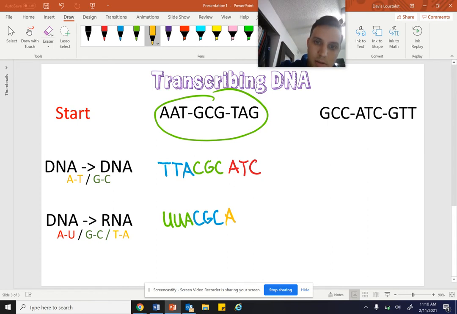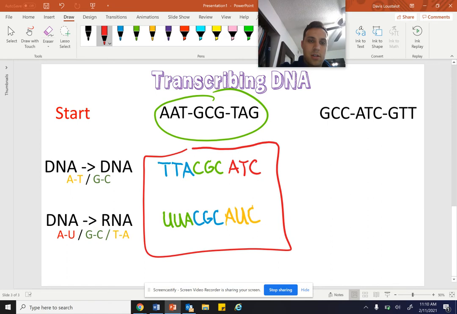A. A becomes U, and G becomes C. So you got to watch out for those A's, T's, and U's. G's and C's always the same. But if you compare these two, you should see they're exactly the same, but all the T's are just U's.